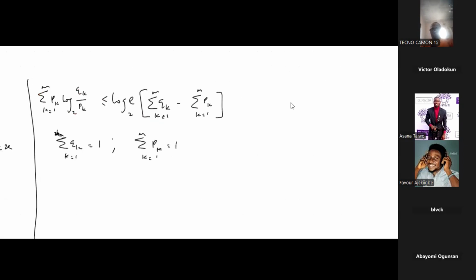But can others see the board? Yes, sir, we can see. Just drag the board, put your cursor on the board, swipe to the right. Yeah, exactly. Okay, so can we move on now? Are we all good? Yeah.